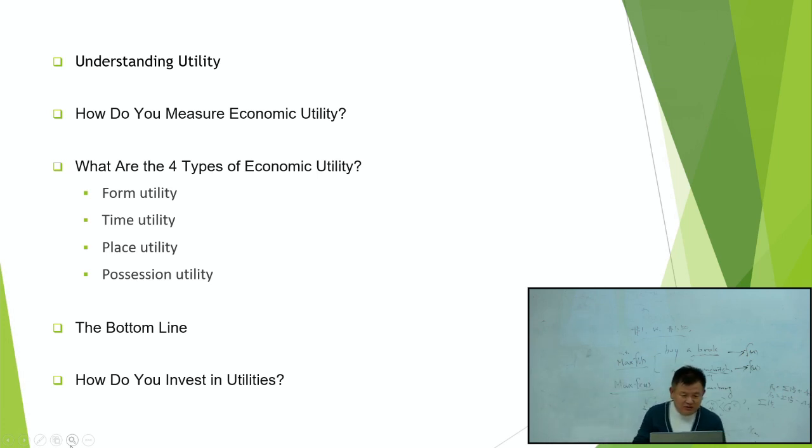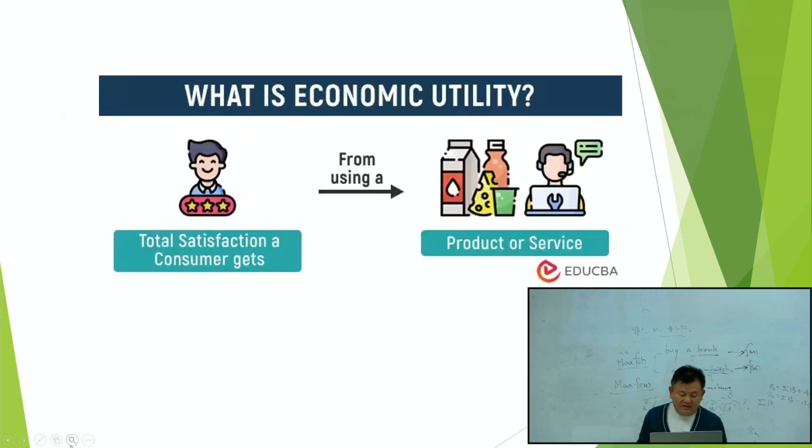So I show you the style, what is the economic utility. Even if the consumers are using a very rational choice, the picture shows the total satisfaction a consumer gets. It means I'm very thirsty and I want to buy a bottle of water.